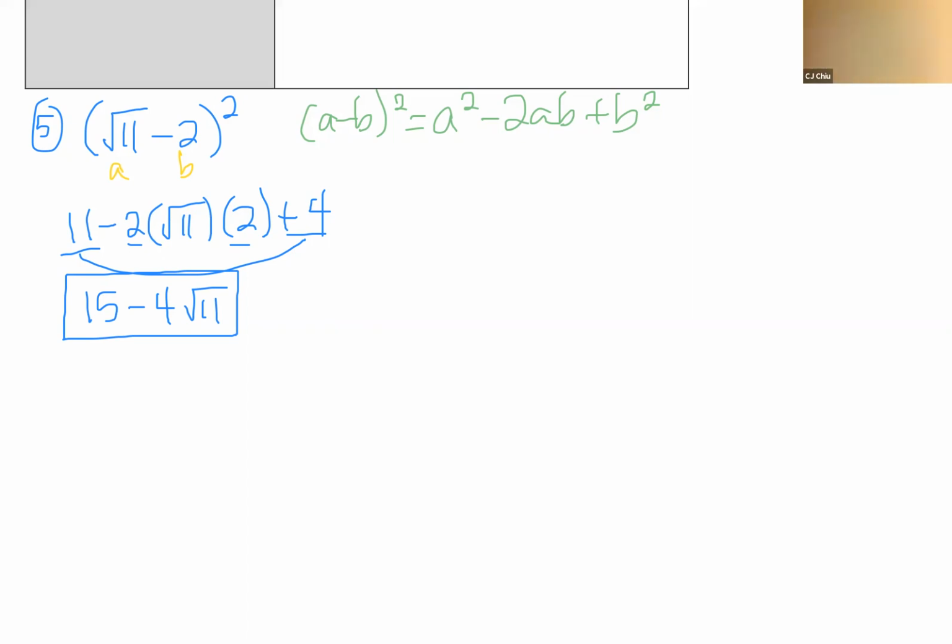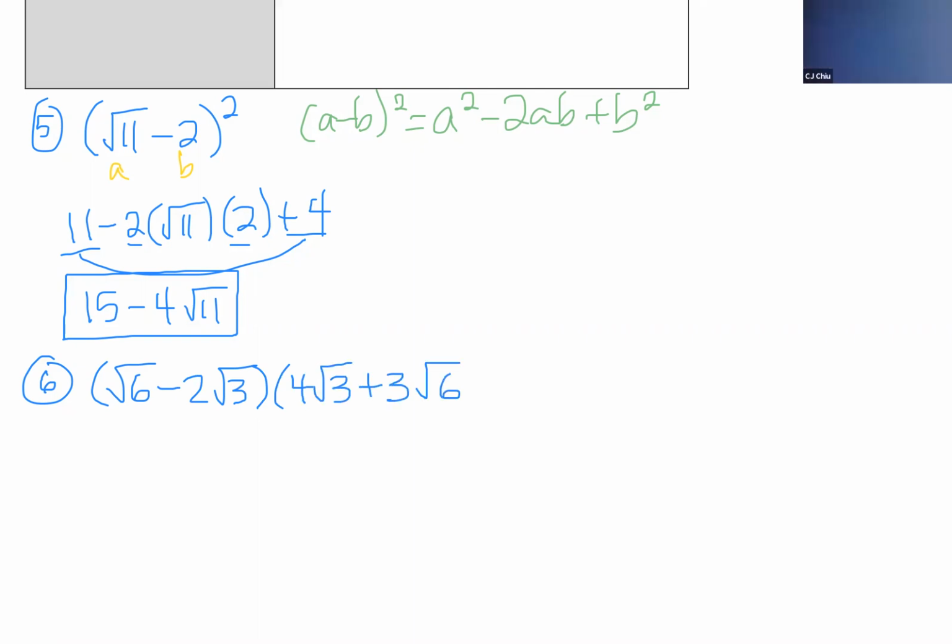Okay, so then for the last one, before we talk about division, what if we actually want to FOIL? Square root of 6 minus 2 square root of 3, times 4 square root of 3 plus 3 square root of 6. So here you would actually have to FOIL, okay?